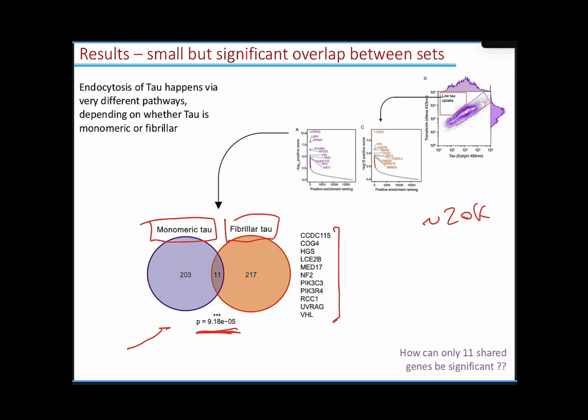So the chance that you're going to get 5% overlap out of two sets that are 1% are pretty low, right? So that cannot be by chance. That has to be significant. And obviously, from this, the authors say these genes are not there by chance. They must matter, and they are shared by the two pathways that uptake monomeric tau or oligomeric tau.